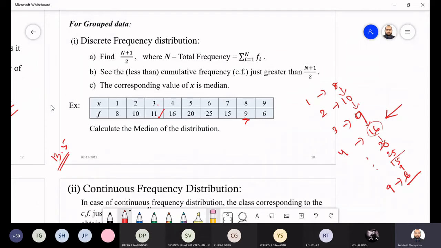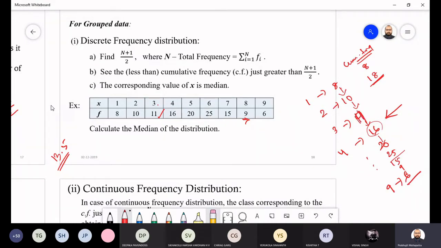You can take the cumulative frequency. Cumulative frequency will always be in increasing order. So 8 is there, next 8 plus 10 is 18, so up to this 18 observations are there.